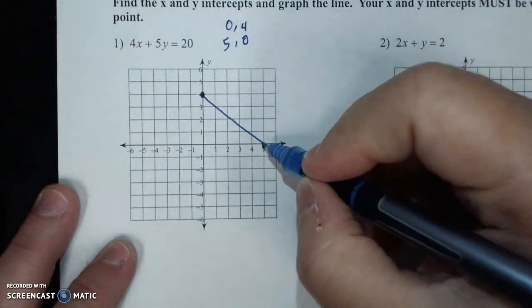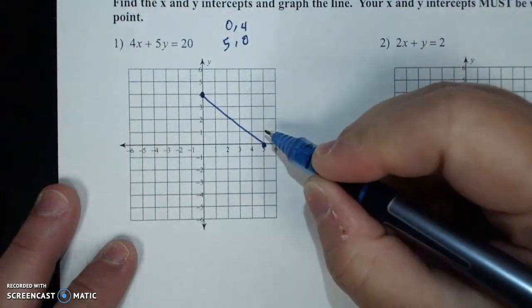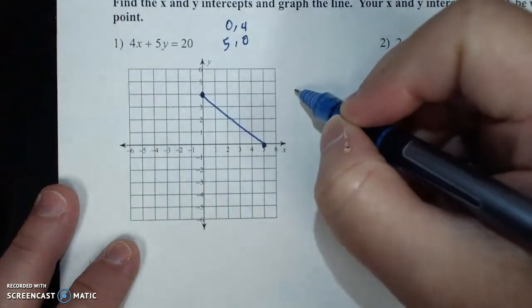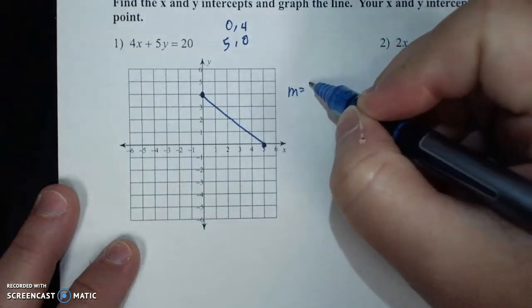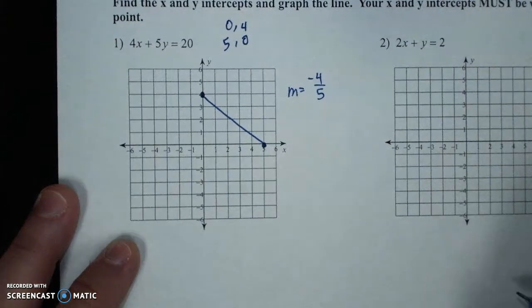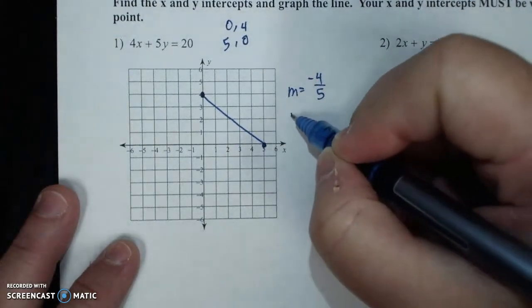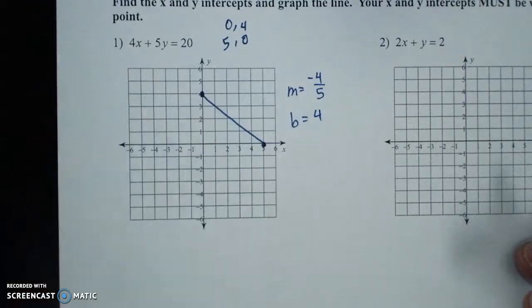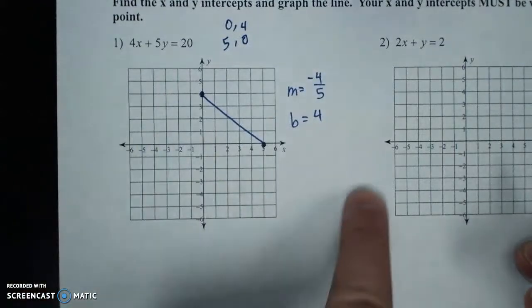My slope is a negative slope, and it is 4 down and 5 right, and my y-intercept is 4 because I found it right here. So now I have all the information.